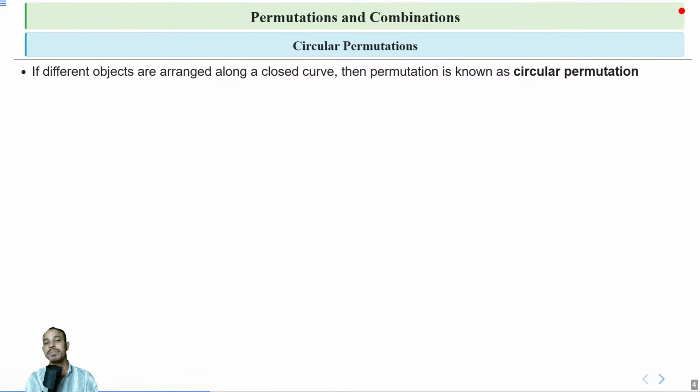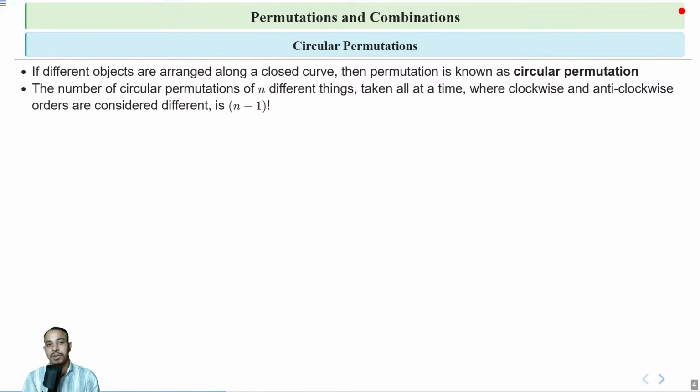Now, if we have n different things and you are taking all at a time, and you have a condition where clockwise and anti-clockwise orders are considered different, so you do not consider clockwise and anti-clockwise the same, then the number of circular permutations of n different things taken all at a time is (n-1)!. Why?